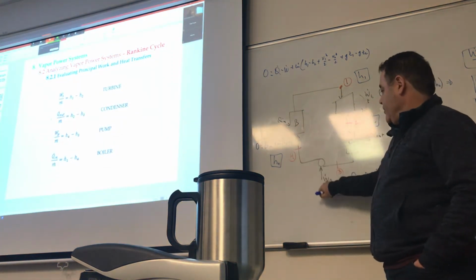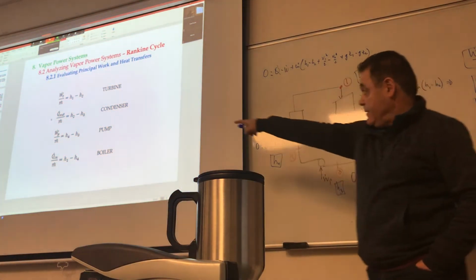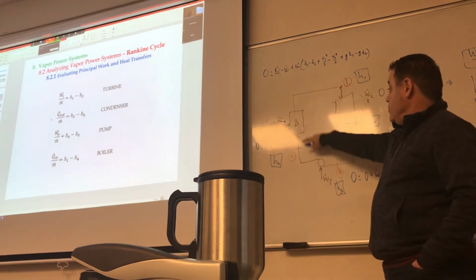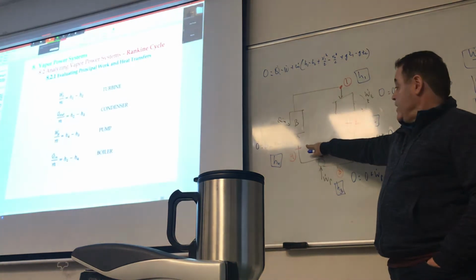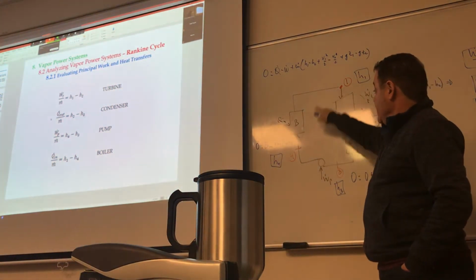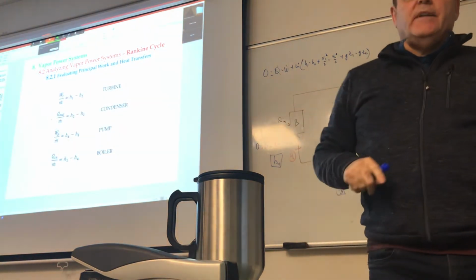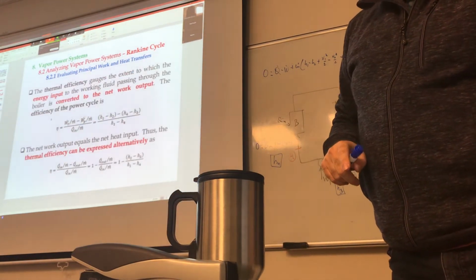That means that the work done on the pump is H4 minus H3. See here, that third equation. And lastly, in these two, which one is higher? H4 or H1? It's obviously H1. That means that Qn has to be H1 minus H4. Okay, so it kind of summarizes that.